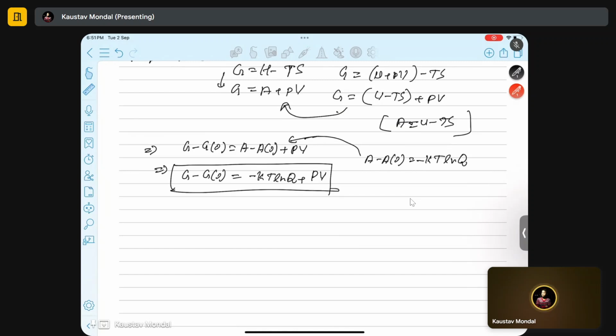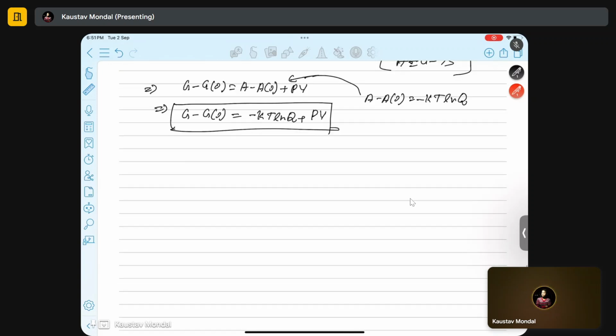Now what we will do next is we will derive this expression of Gibbs free energy in terms of molecular partition function, for an ideal gas, where the particles we are considering are basically indistinguishable.